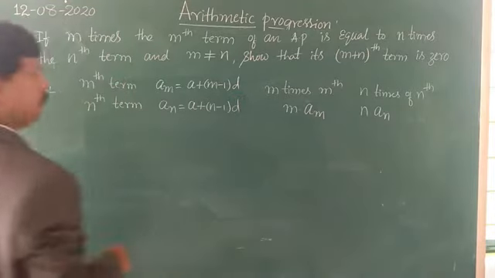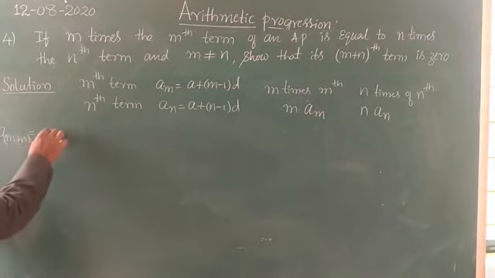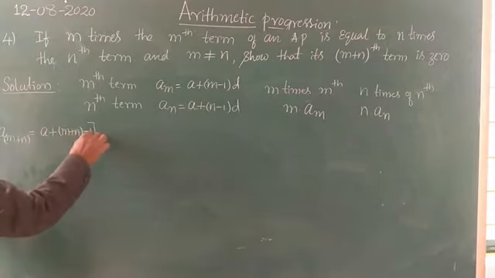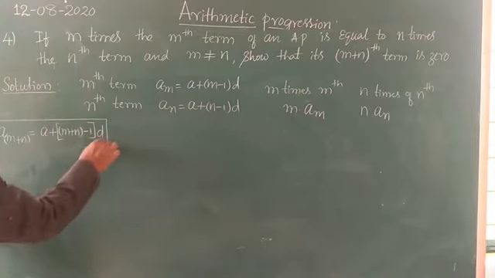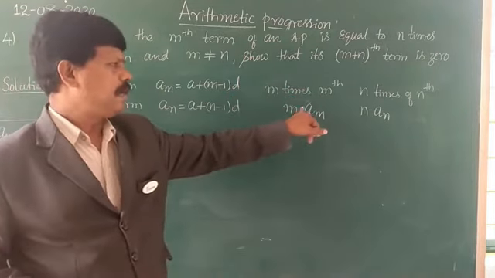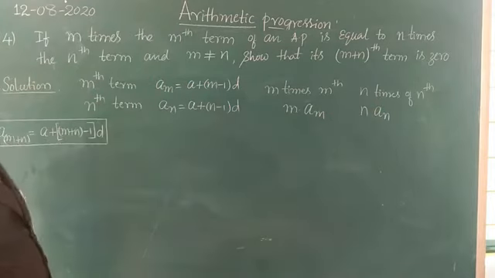Here on one side I am writing this: the m plus nth term is a plus m plus n minus 1 into d. So m times the mth term can be written as m of am, and n times the nth term is n of an.